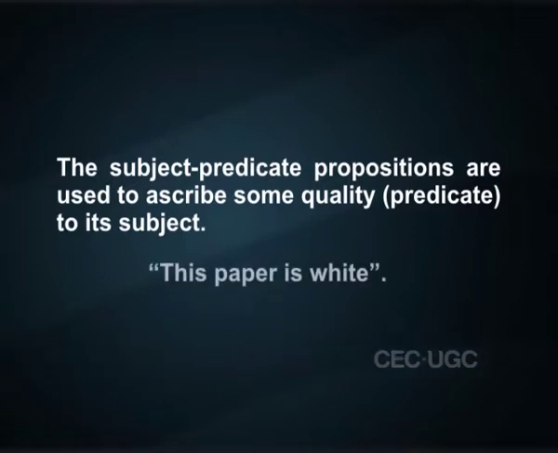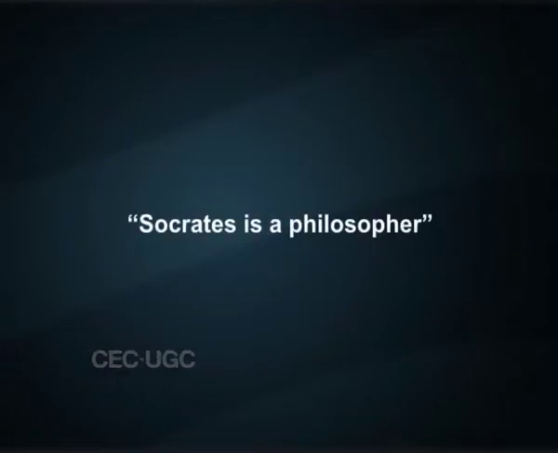For example, "this paper is white." Class membership propositions are those which speak about the inclusion of the subject in a class. For example, "Socrates is a philosopher" states the inclusion of its subject, Socrates, in the class of philosophers.